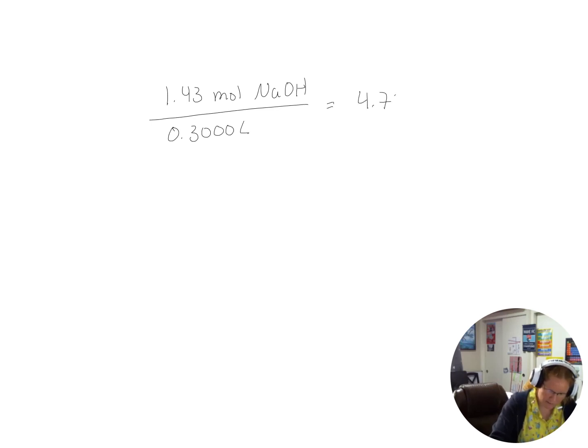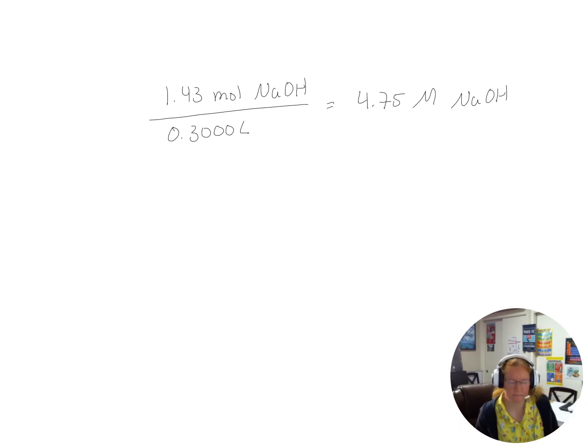So I'm going to take my 1.43 moles of sodium hydroxide over my 0.3 liters, and I get 4.75 molar sodium hydroxide. Okay?